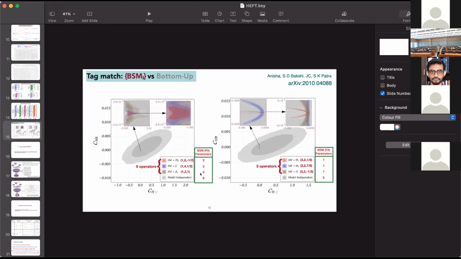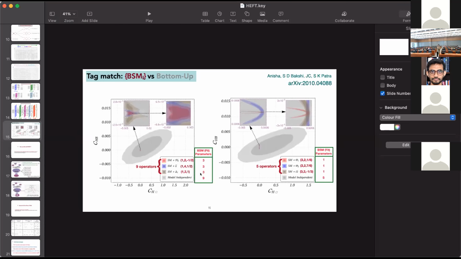So the degrees of freedom is 3. That's the difference. And in both cases, you are using the same set of data. So under the light of the same data, in the bottom-up approach you have a 9 degrees of freedom fit, but in the top-down approach, you have a 3 parameter fit. That's the reason for this constraint.